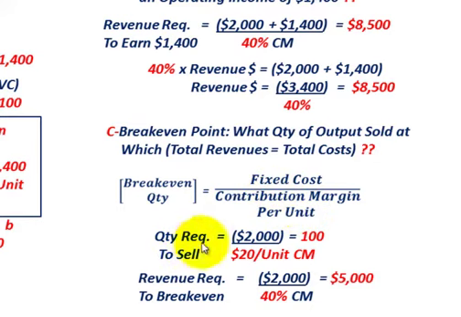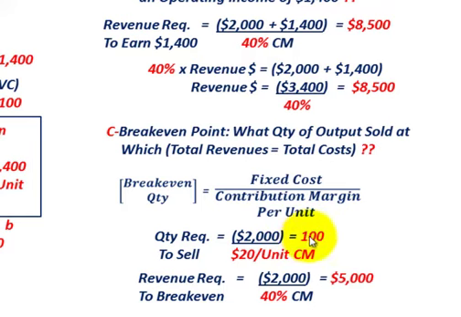That gives the quantity required to sell for that break-even point where total revenues equal total cost. Our fixed cost, for example, is $2,000 divided by the contribution margin per unit of $20. That was the $50 selling price less the $30 variable cost, which gives us the $20. Dividing it out, you're going to come up with a break-even quantity of 100 units.